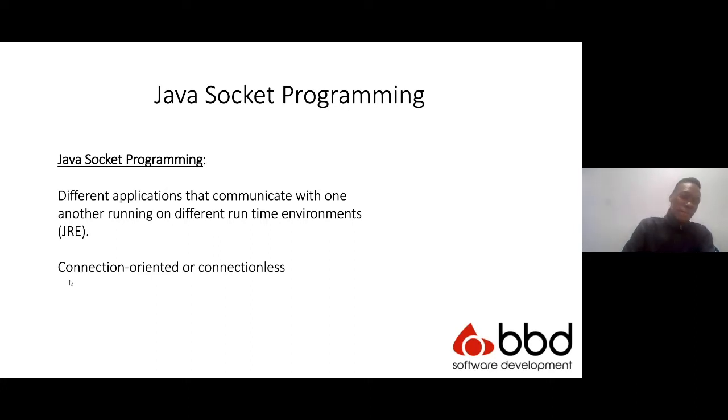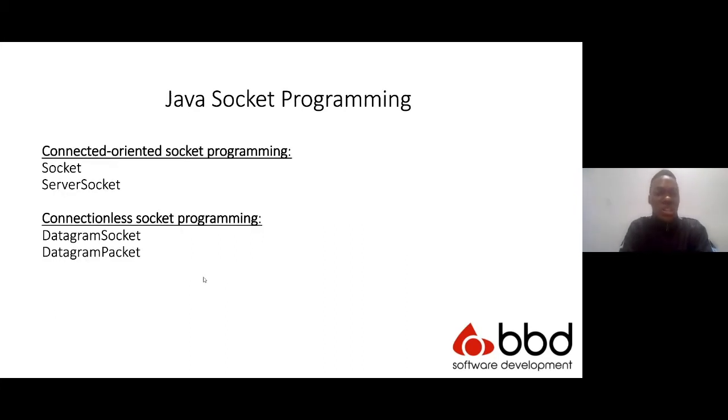For Java socket programming, we have connection-oriented as well as connectionless. In connection-oriented socket programming, we use the Socket as well as the ServerSocket. For connectionless socket programming, we use a DatagramPacket as well as the DatagramSocket.